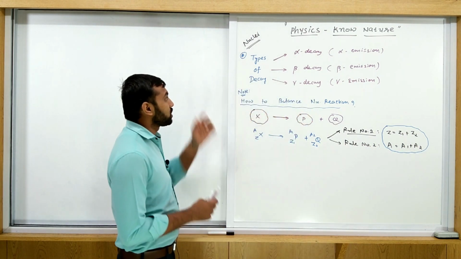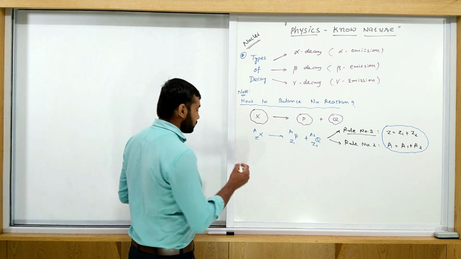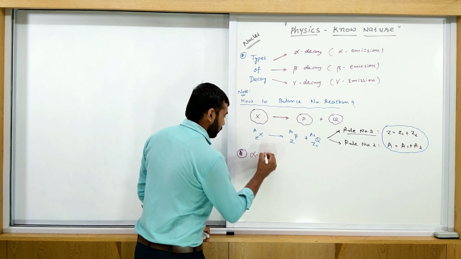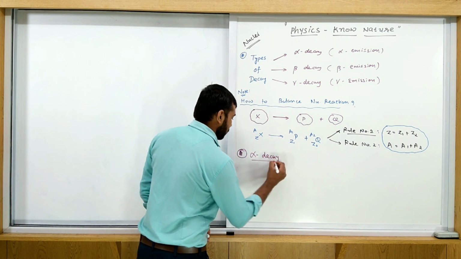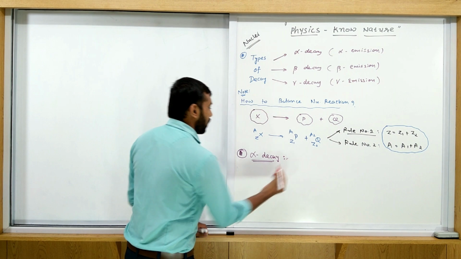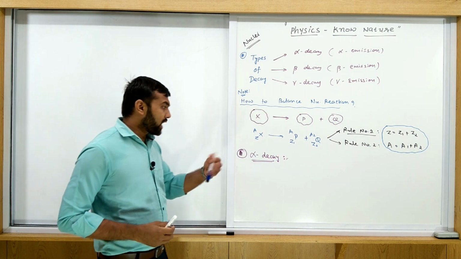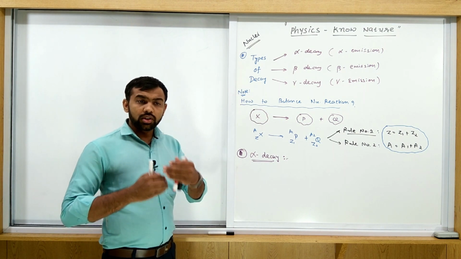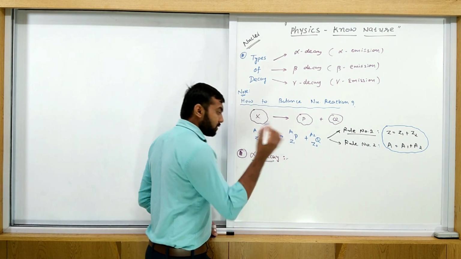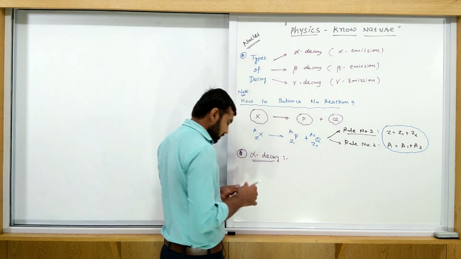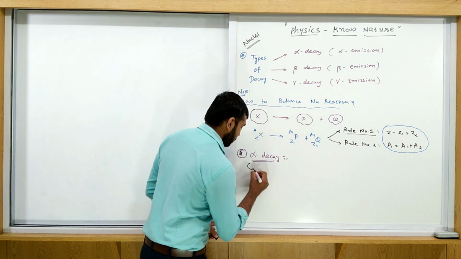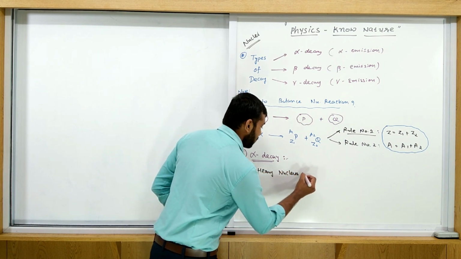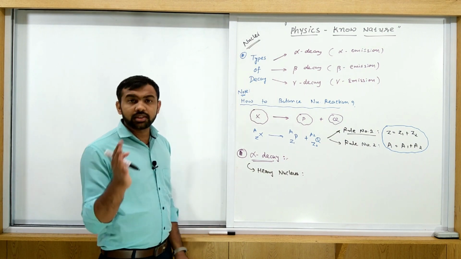Now let's discuss the alpha decay. First, why does alpha decay occur in a nucleus? If you consider any heavy nucleus, as we discussed in previous sessions, the nuclear force has a short range.